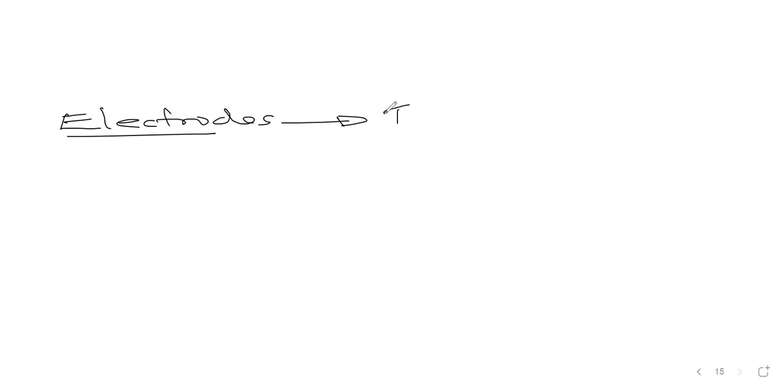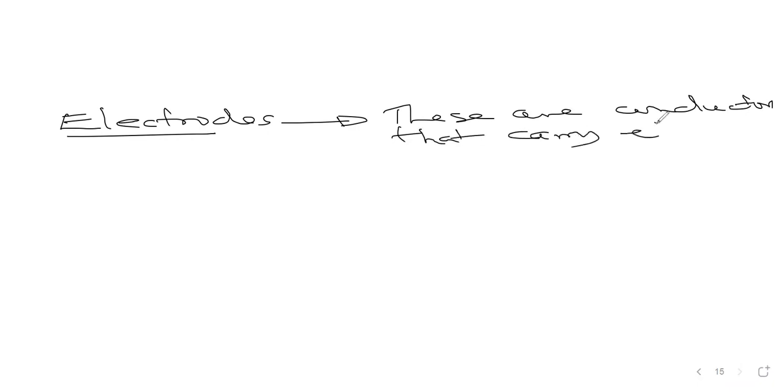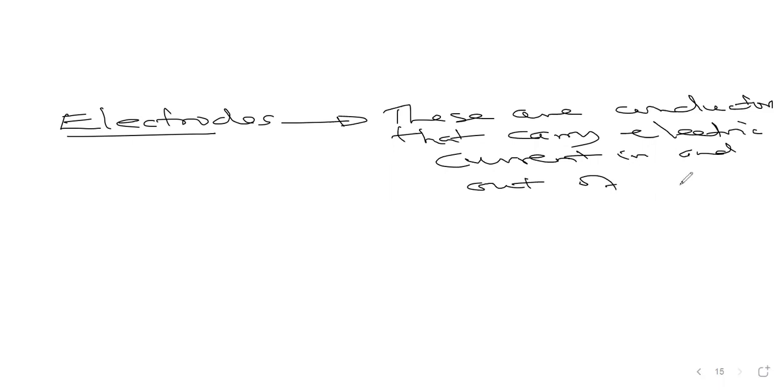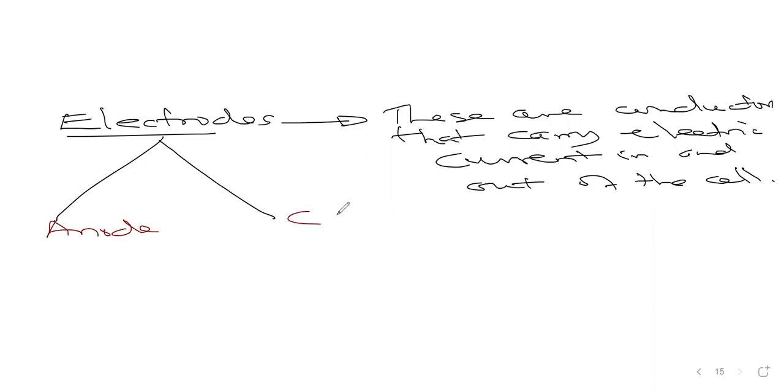These are conductors that carry electric current in and out of the cell. They are divided into two. We have what we call the anode, and we have what we call the cathode.